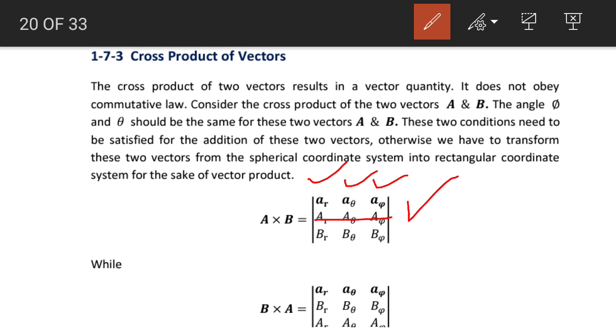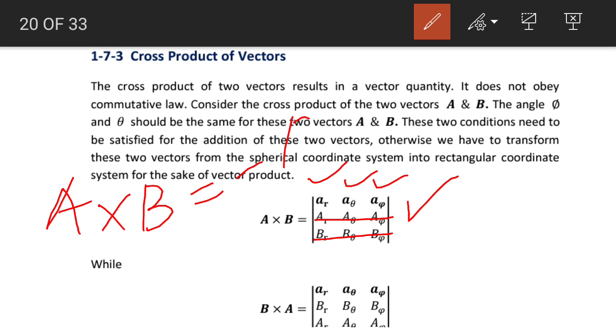In the second row, we have the scalar components AR, A theta, and A phi of vector A. Similarly, in the third row, we have the R component of B, theta component of B, and phi component of B.